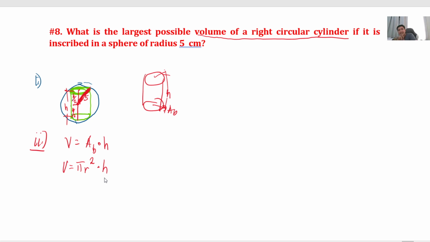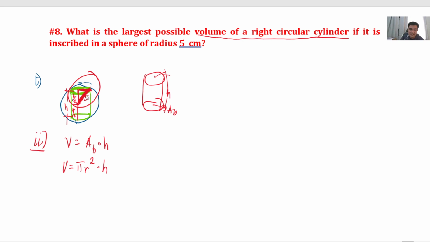So, kuha tayo ng data doon sa problem natin para maging isang variable lang siya. Ito, kung makikita nyo dito, class, di ba, we have a radius of 5. So, this is the, sa taas class, di ba? And then this one.